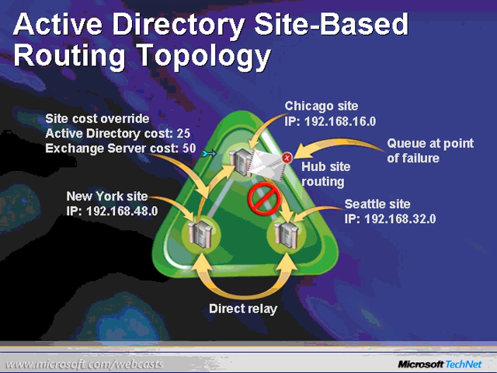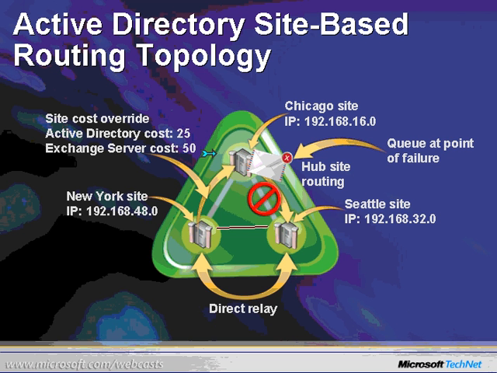From the physical perspective, it probably traverses the link through Chicago, because usually you define your AD sites based on the physical topology. But the key here is the two servers will always directly relay between each other. It's not going to try to deliver it to the Chicago site first. That, I guess, is the key I'm trying to bring out here.